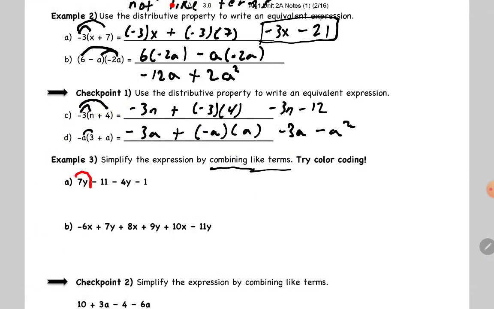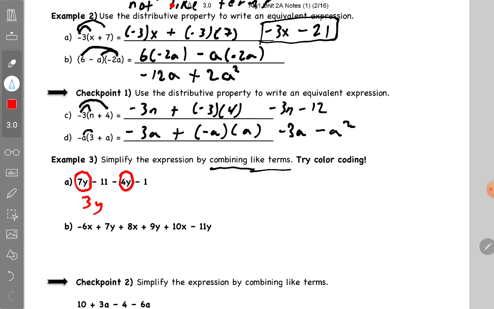So these are my y terms, or those look alike. So we have 7y minus 4y is 3y. Think of it as 7 apples minus 4 apples is 3 apples, which y would be the apples.